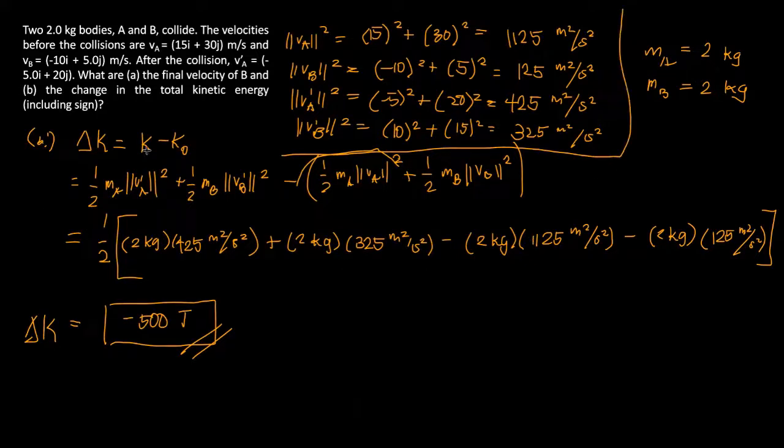Then ginamit natin ang kinetic energy formula, which is 1/2 mv squared. Tapos yung final minus yung initial, yan yung change in kinetic energy. And we got a negative 500 joules, which indicates that nag-lose yung system ng 500 joules. So that's it for our discussion.